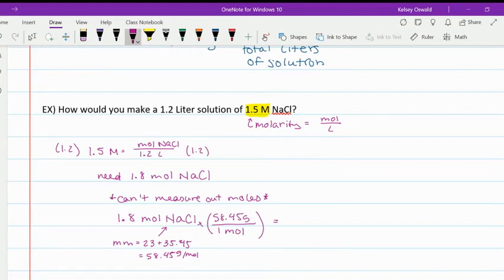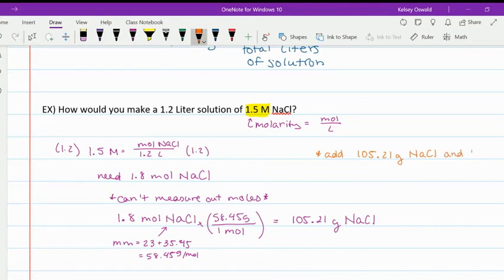we would need to add 105.21 grams of NaCl. So to make the solution, we would need to add 105.21 grams of sodium chloride to get our 1.8 moles.